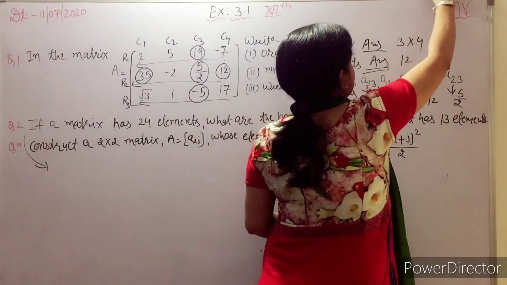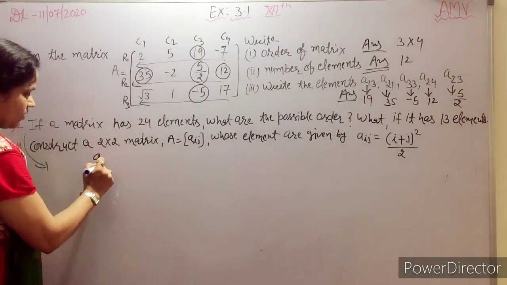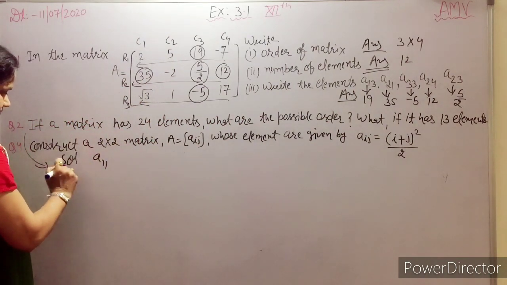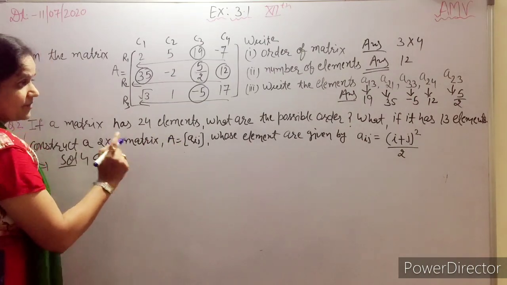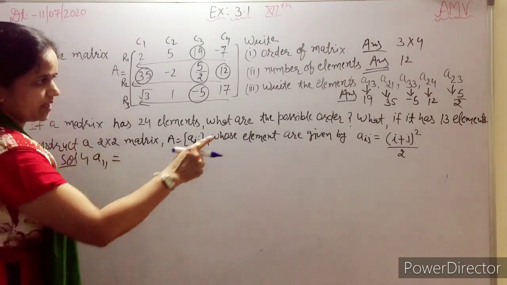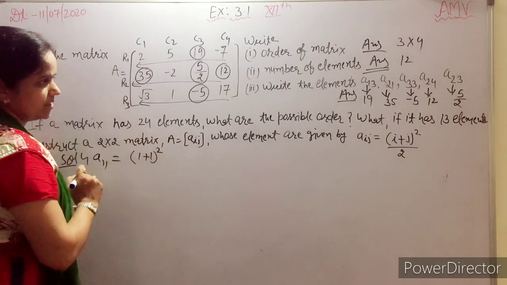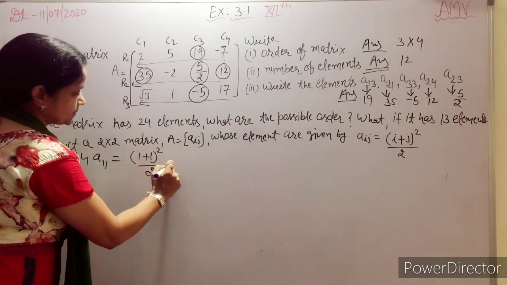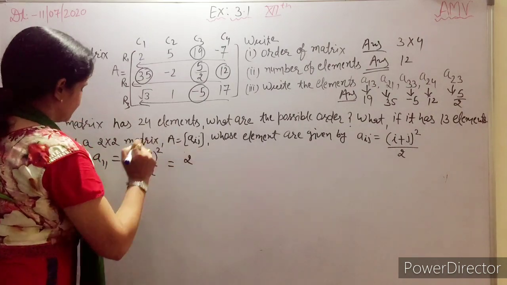First find A11. A11, 1, 1. Okay. For this, write the value i equal to 1 and j equal to 1 in the given expression. You will get (1 plus 1) whole square by 2. Okay. Solve it. It is 2 only.